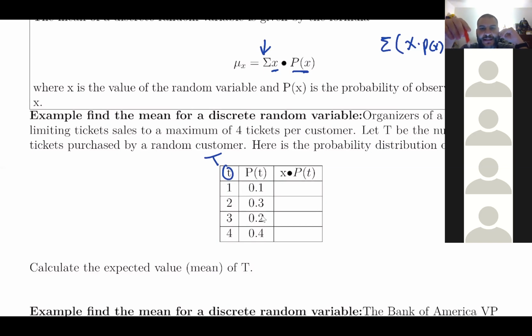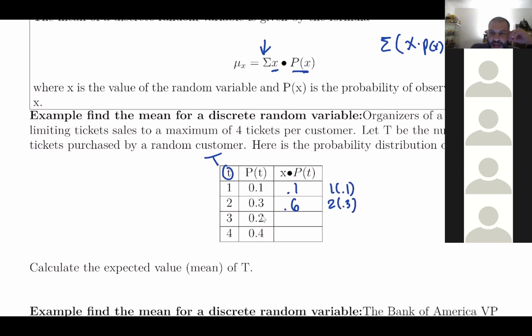So let's do x times p of x. If I do 1 times 0.1, you get 0.1. If I do 2 times 0.3, you get 0.6. So I'm getting this number by doing 1 times 0.1, 2 times 0.3.